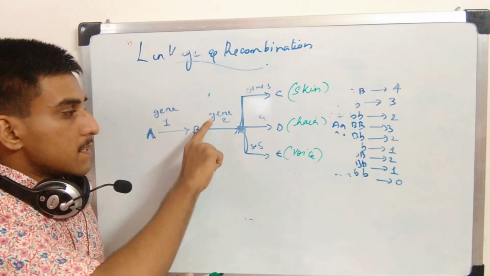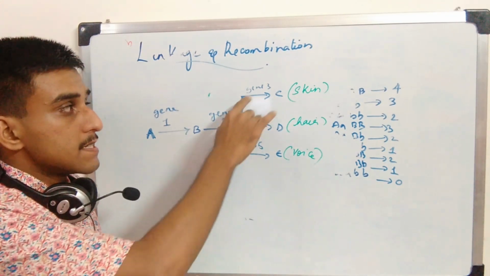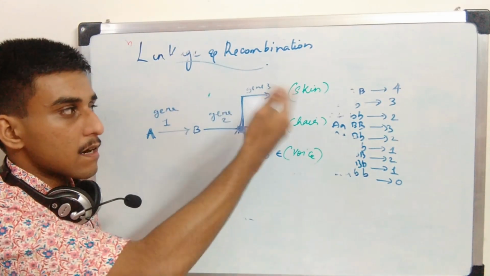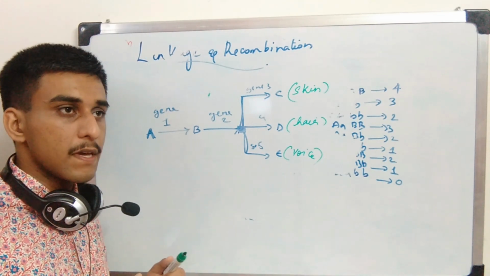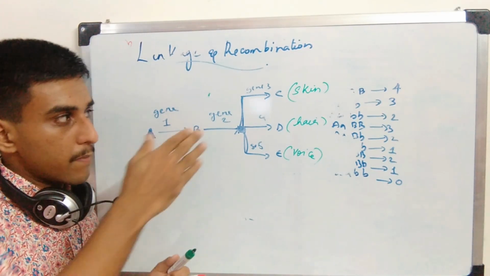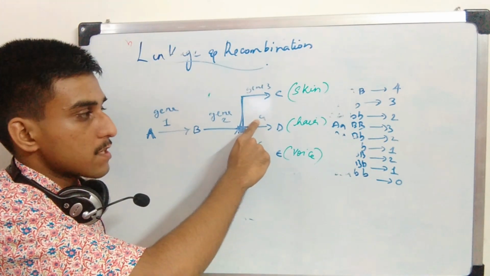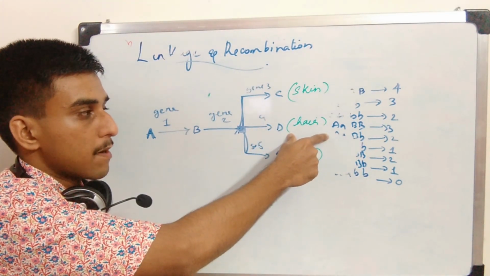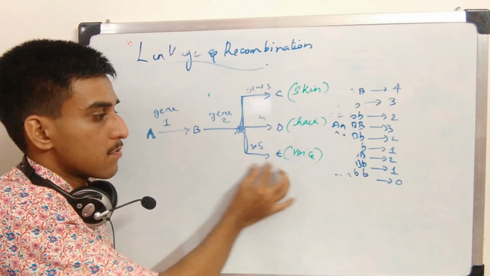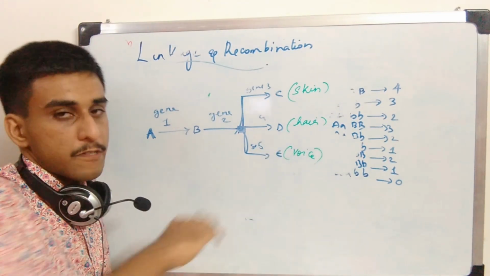So if gene 3 is mutated, the skin color can't be expressed. The organism may be white in tone because of the melanin production. If gene 4 is mutated, there will be a problem with the hair, right? And if gene 5 is mutated, there will be a problem in the voice of the organism.